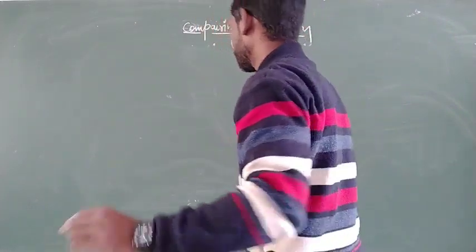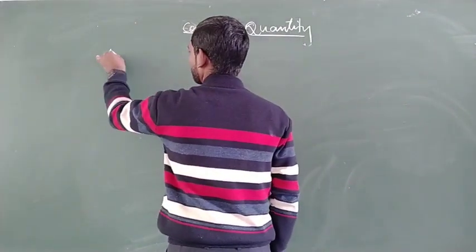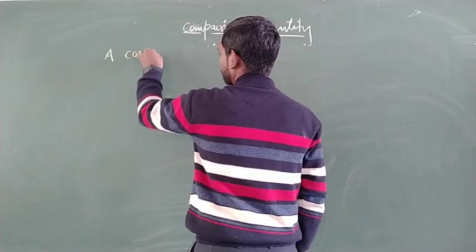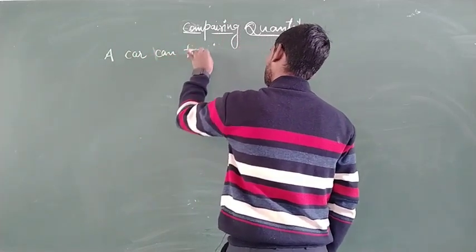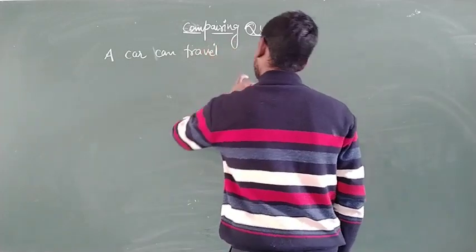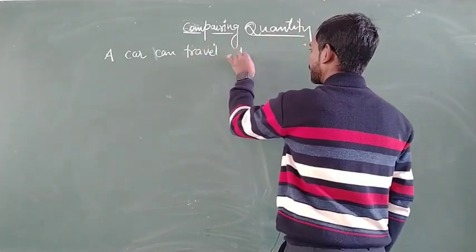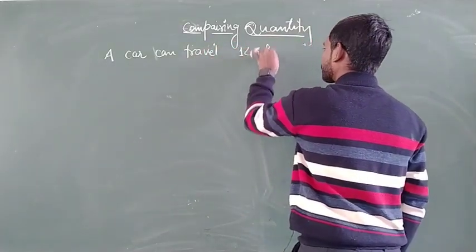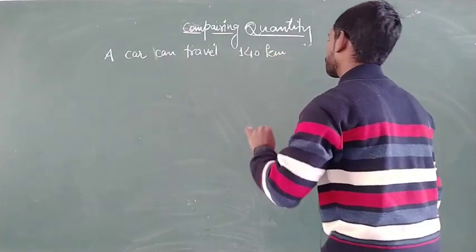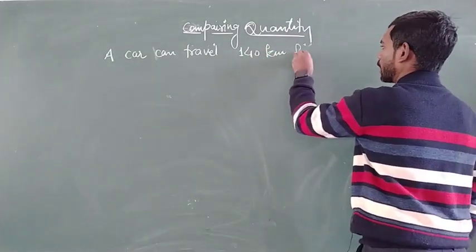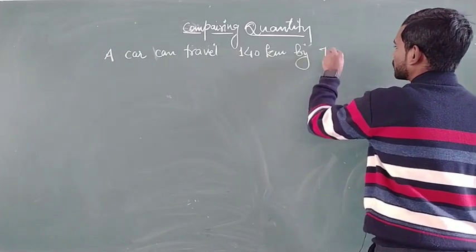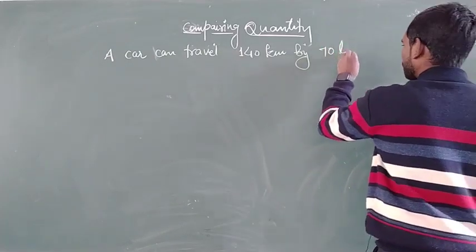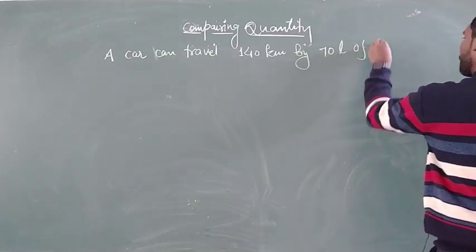The next question is, a car can travel 140 kilometers on 70 liters of petrol.